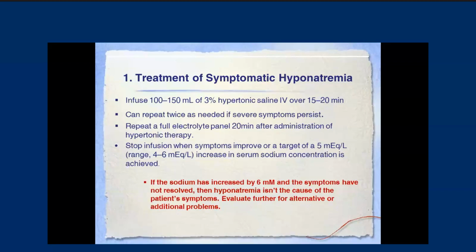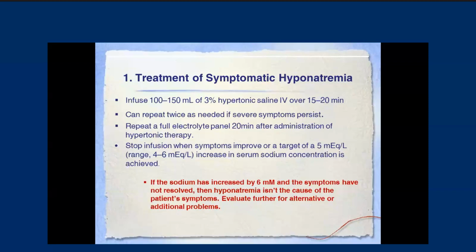So acute symptomatic hyponatremia. In acute symptomatic hyponatremia, or in the patients who had severe symptoms, the goal is to increase the serum sodium level by 4 to 6 milliequivalent per liter. And we usually target a 5 milliequivalent increase in sodium.